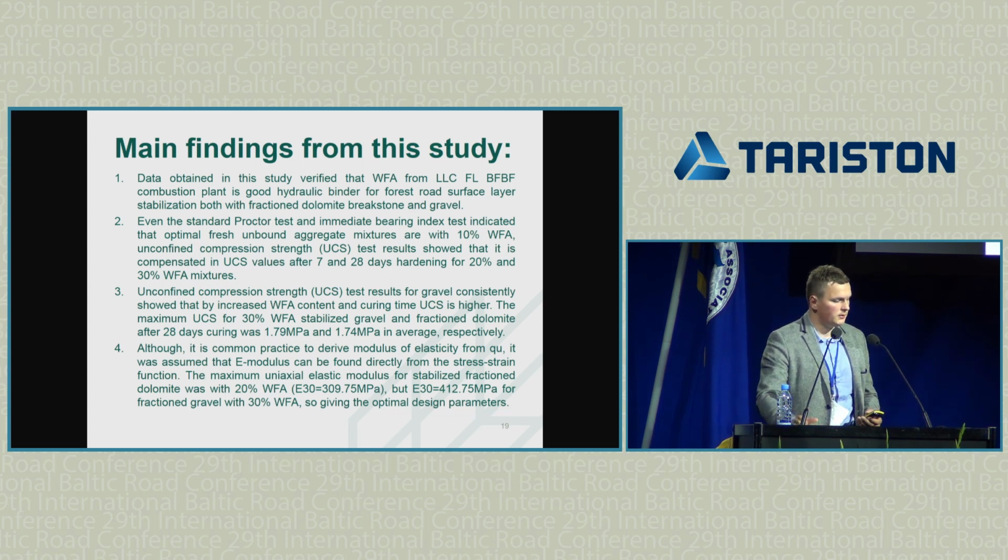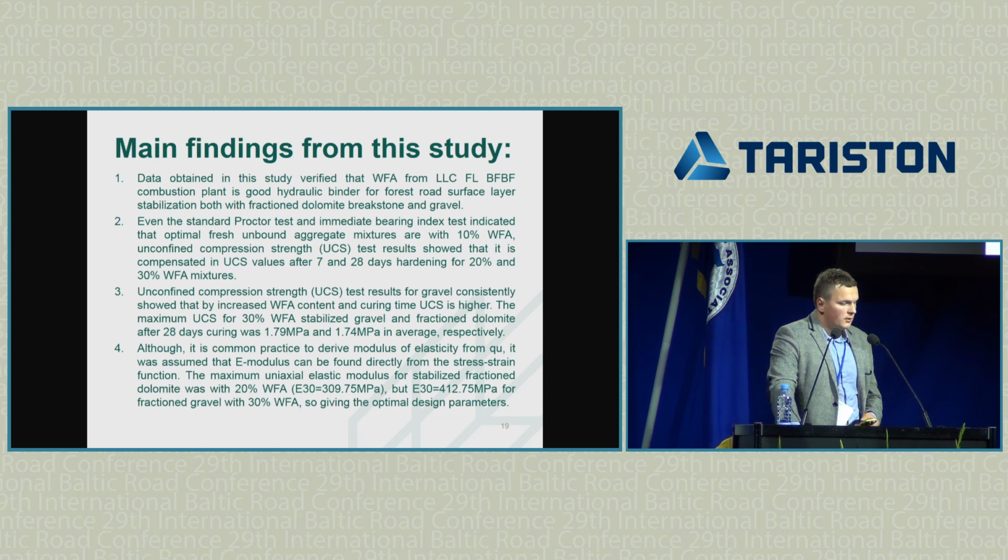Even the standard Proctor test and immediate bearing index test indicated that the optimal fresh unbound aggregate mixture was 10% of wood fly ash. Unconfined compression strength test results show that it is compensated by time hardening for 20 and 30% of this binder mixture.